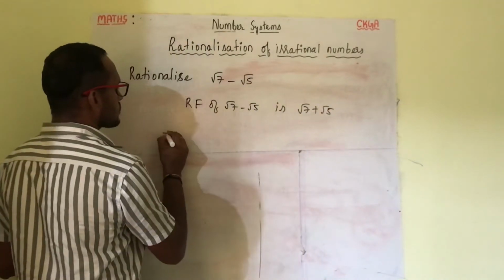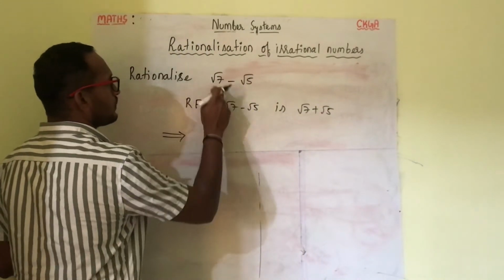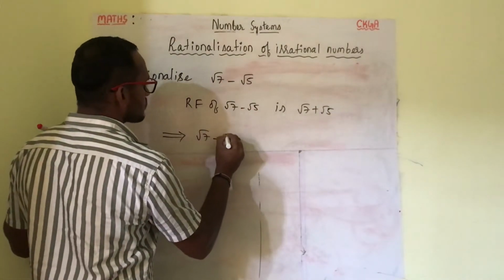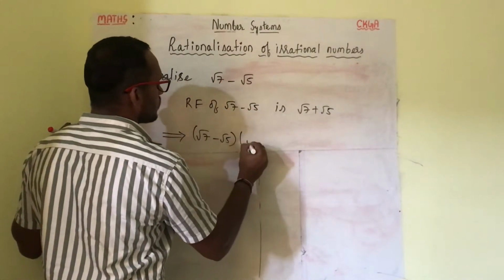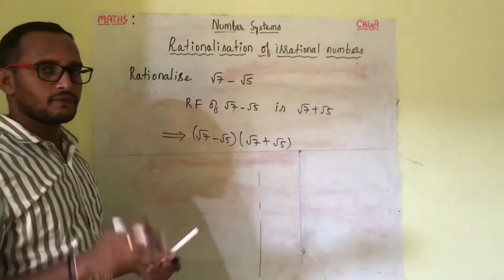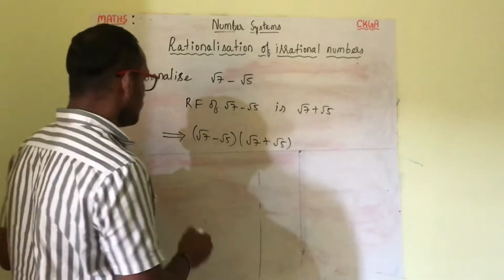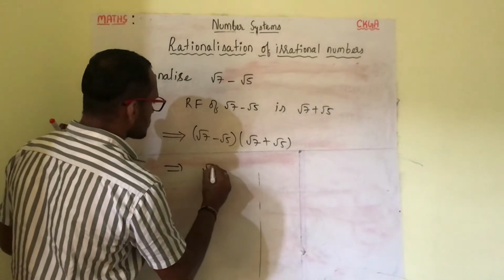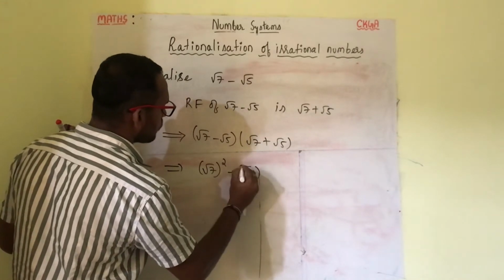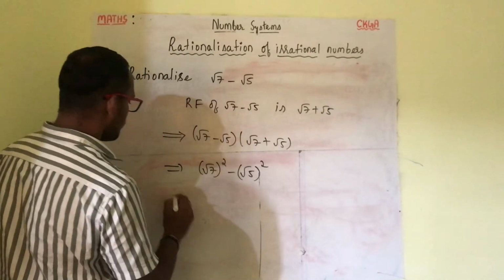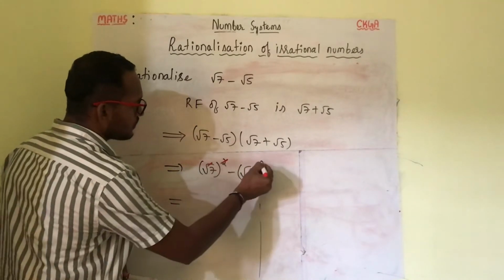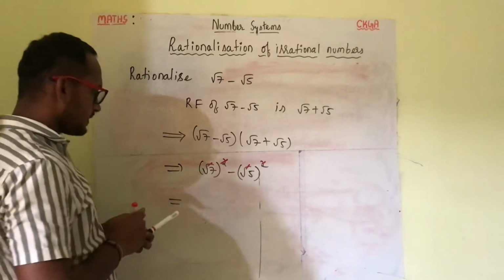So what could be the rationalizing process here? You need to multiply this with the RF, that is root 7 minus root 5 into root 7 plus root 5. As you know, this is the form of a minus b times a plus b. You could write this as root 7 whole square minus root 5 whole square. Finally, you can detach the squares and square roots.